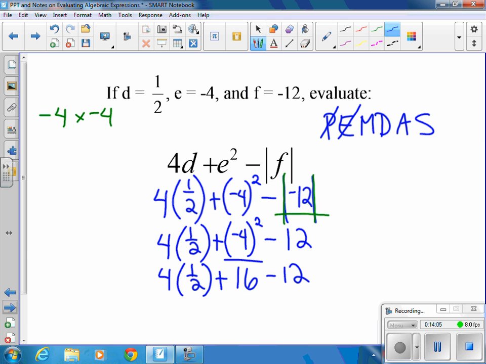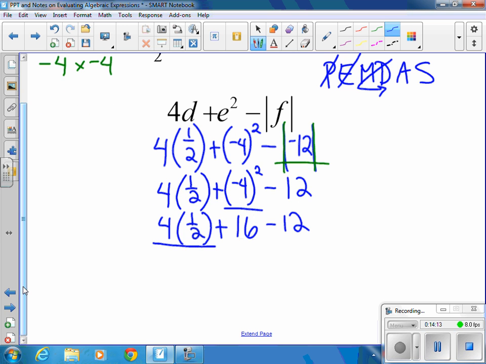All right, so I did my exponents. Now I'm doing multiply and divide from left to right. Well, all I have is a multiplication here, and that's this one right here. So 4 times 1/2. There's an easy way to think of this. One of the things you want to think of when you think of multiplication is the word of. And I can flip this around because of commutative property, but I can say this. 1/2 times 4, which is the same as saying 1/2 of 4.